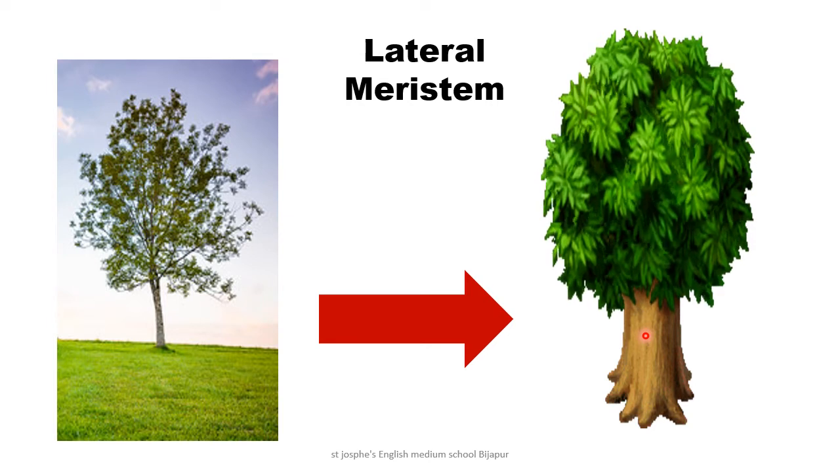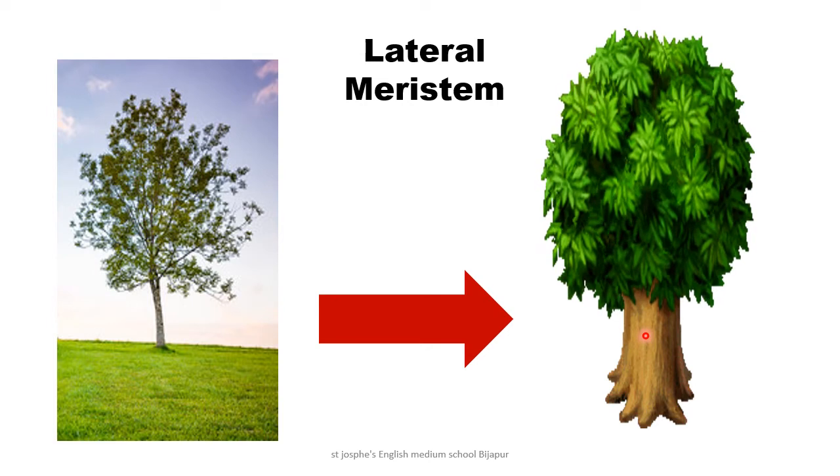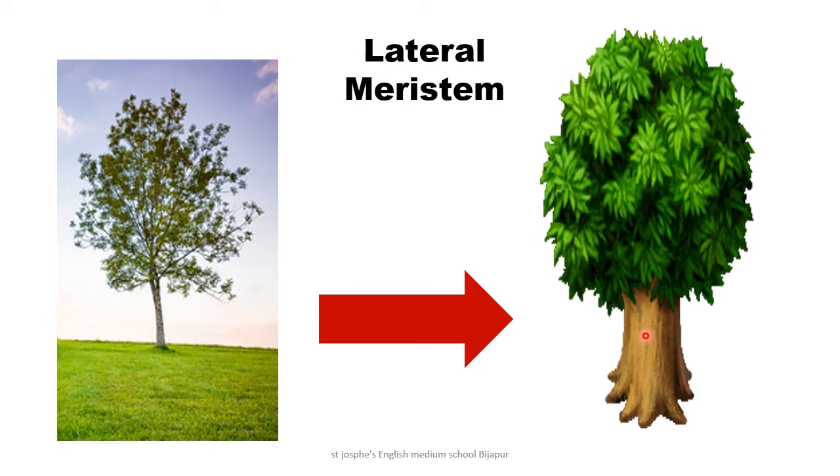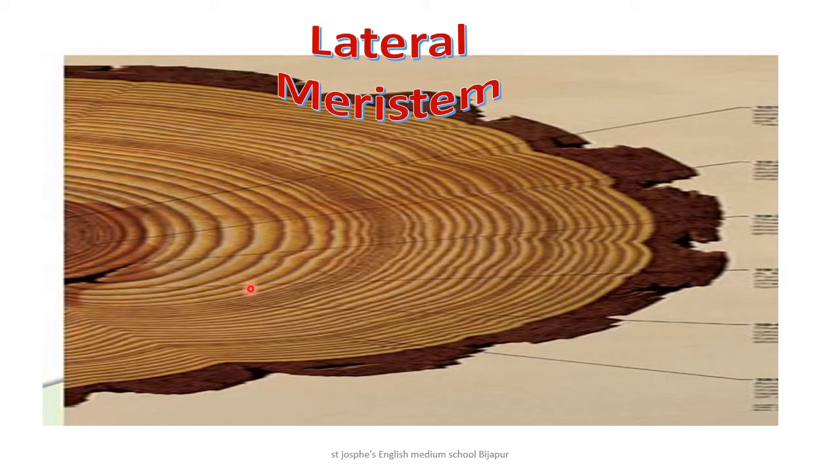So the meristematic tissue causes the lateral growth because they get converted from permanent tissues with every successive year. Tissues convert to form meristematic tissues.